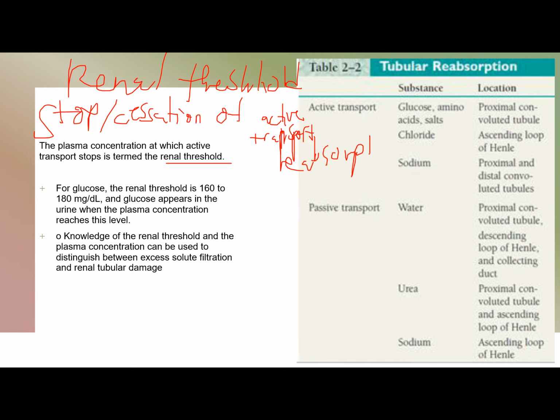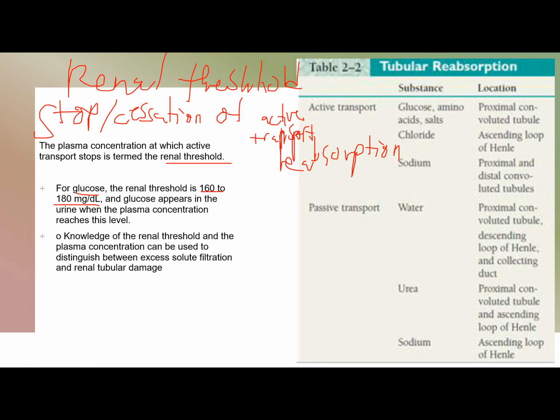Reabsorption. And this is very important class in the substance glucose. Diba si glucose isa yan sa mga active transported. Glucose, amino acid, and salt. Si glucose class has a renal threshold of 160 to 180. And the glucose appears in the urine when the plasma concentration reaches this level.